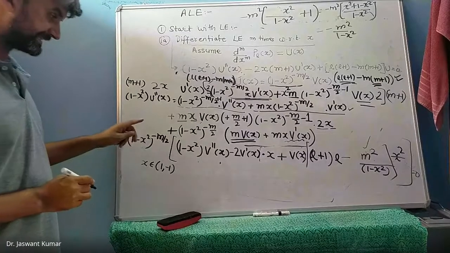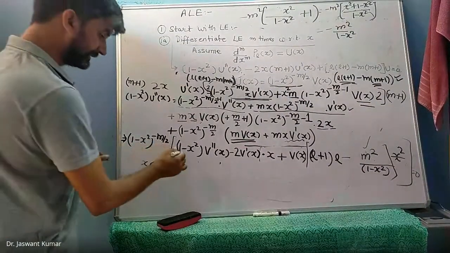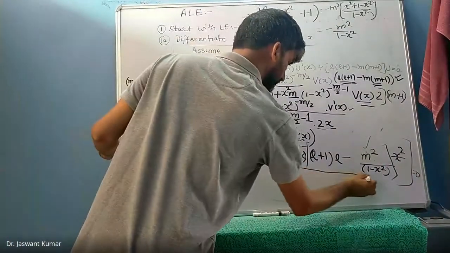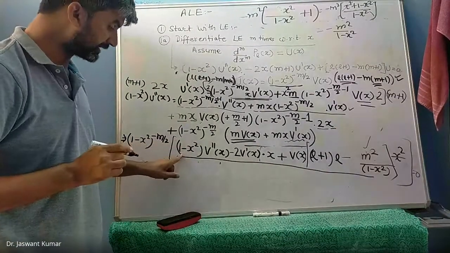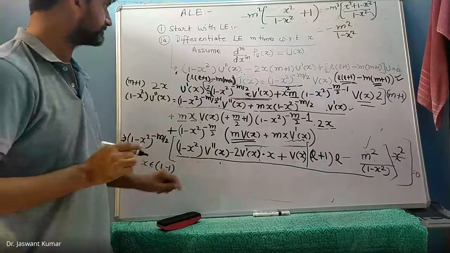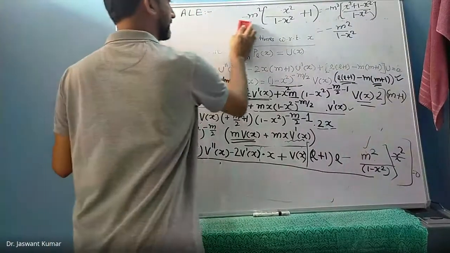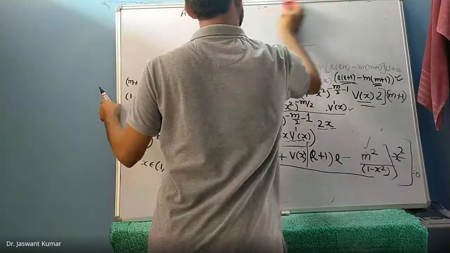Since this term will be non-zero, that implies that this particular term will be equal to 0. And what is this particular term? The first term in this is 1 minus x square v double dash x. So maybe I will write this particular equation one more time over here, upstairs.